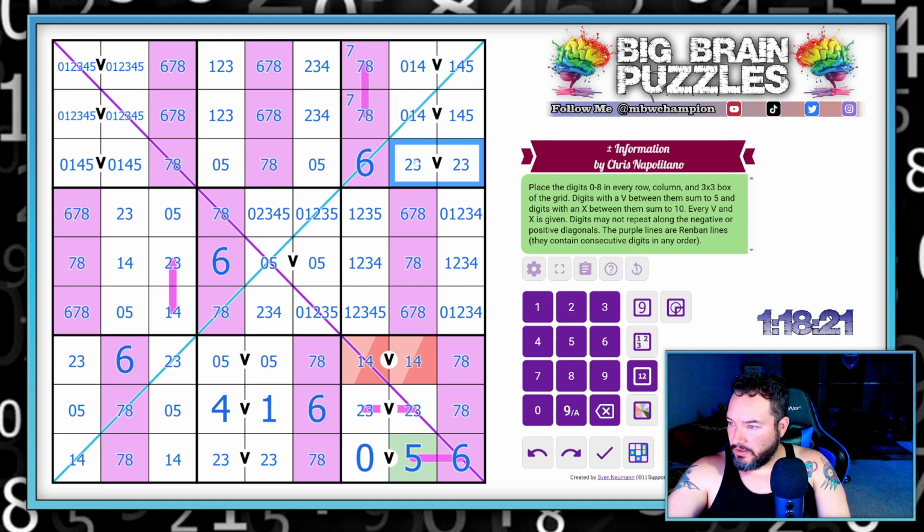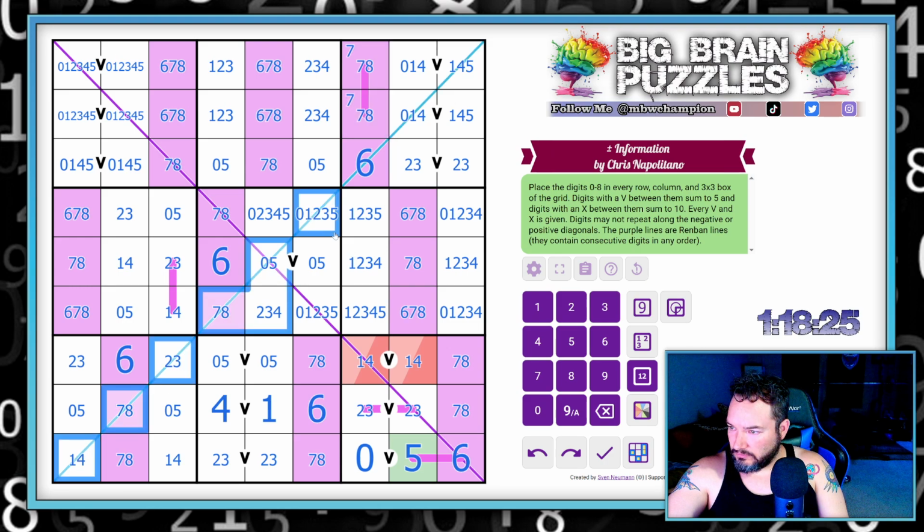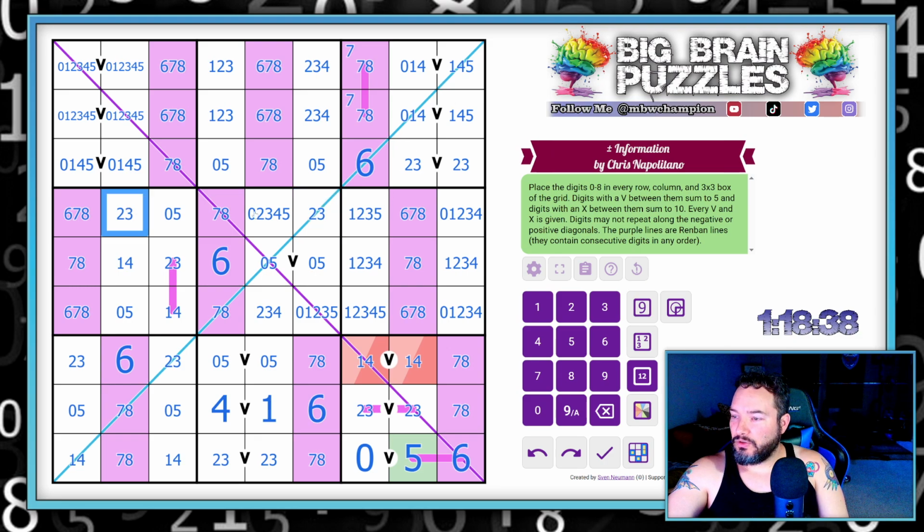All right. Since the 2, 3 is not on this line at all, that means this has to be the 2, 3. Because 2, 3 is seeing here, that means there's no 2, 3 at all here.